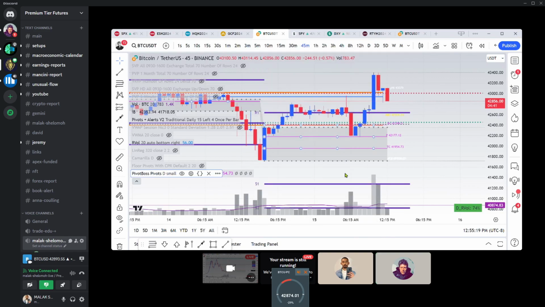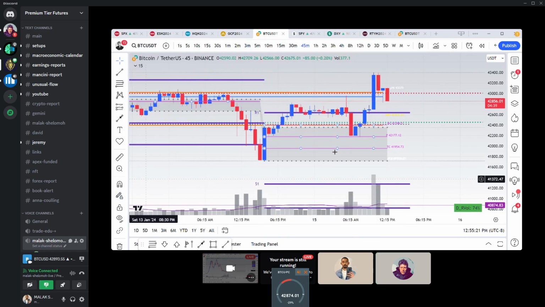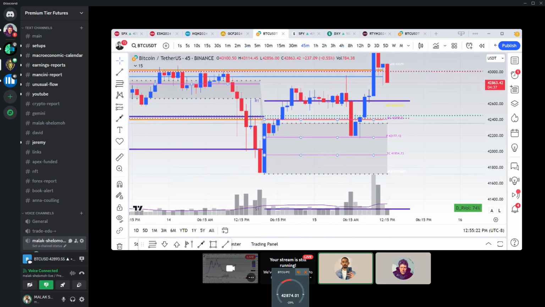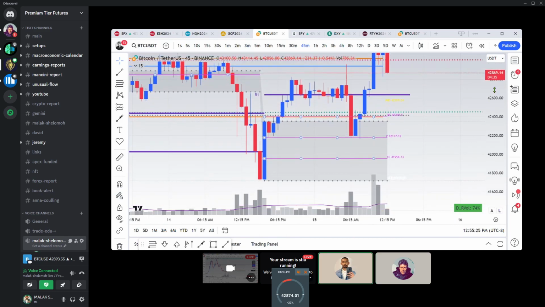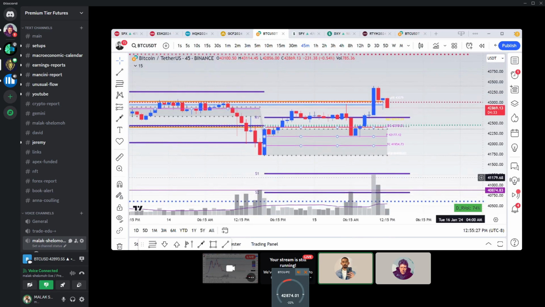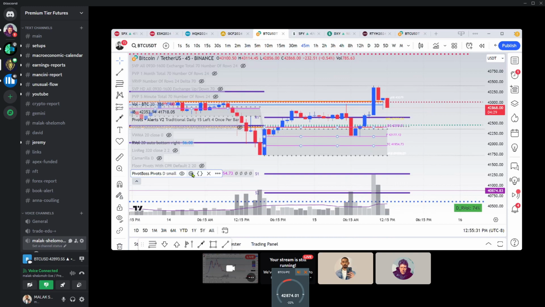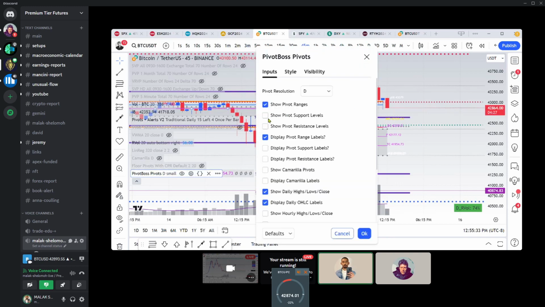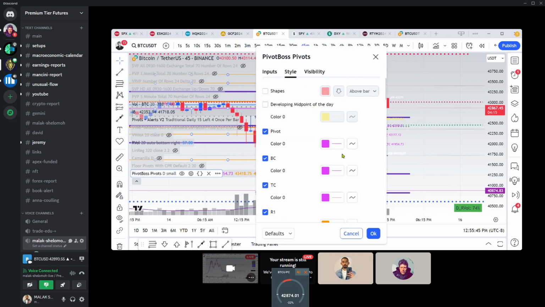Okay, let's see what we got. I think you need to click on support and resistance to show R1 and S1. Okay. So right there, show support and resistance levels. Yeah, I think that's it. And then let's go back and look at the style.